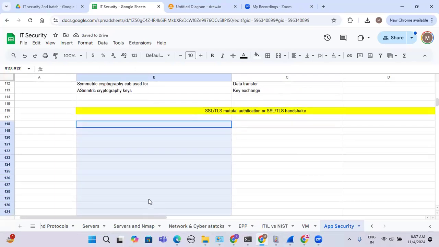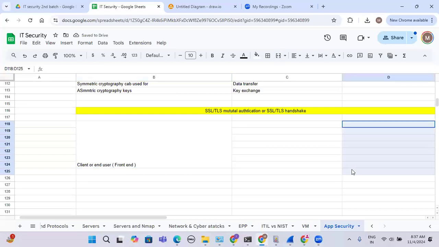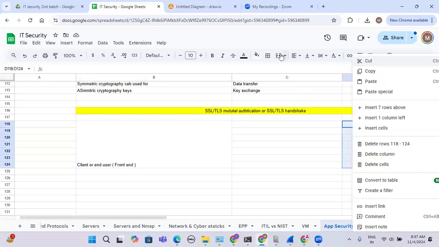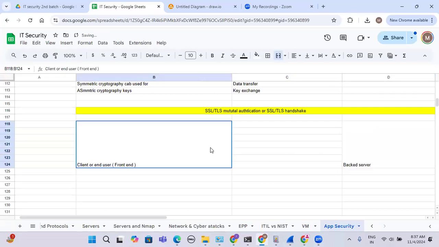Take this as an example: the client or end user on the front end, and here the back end server. Now in between these two, how will the exchange happen?